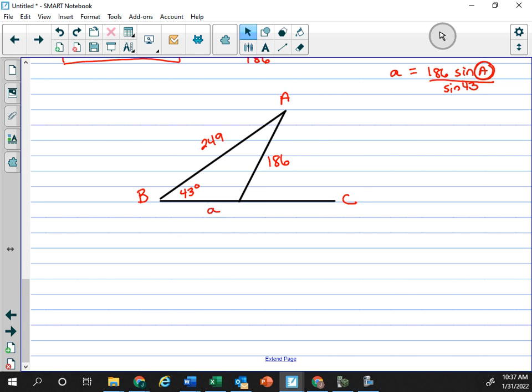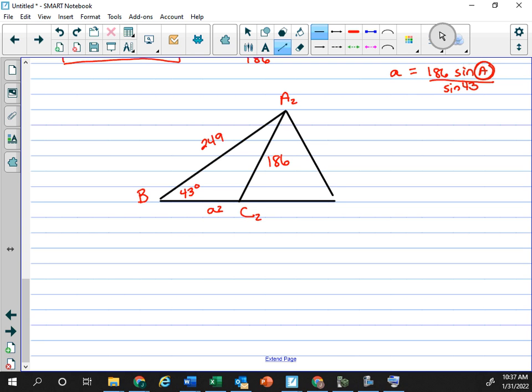Side a. And what about angle C? You see how it got bigger? Okay. We're going to call that A sub 2, C sub 2, just so we can keep it straight. And what happened to angle A at the top? It got smaller too. Okay, so that's A sub 2. If you think about it, let me draw another side in. Make it a different color.